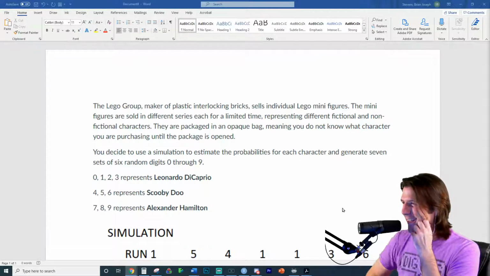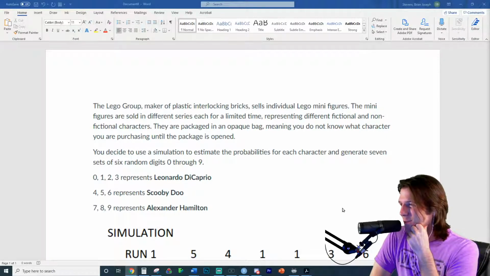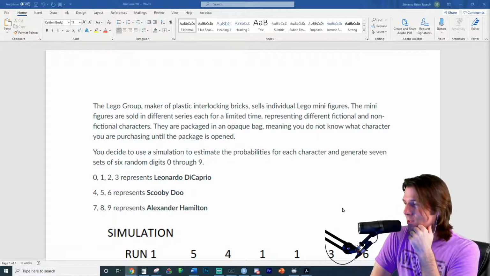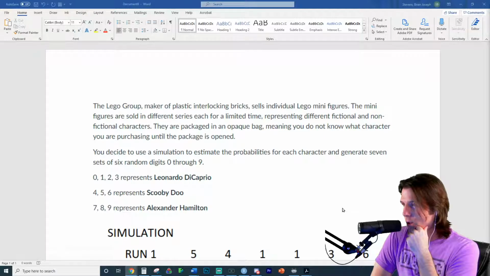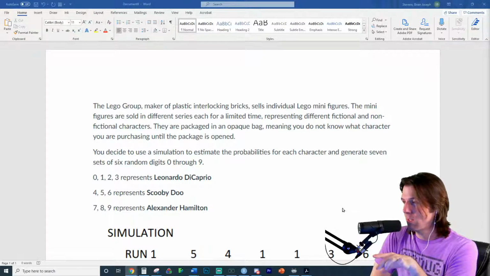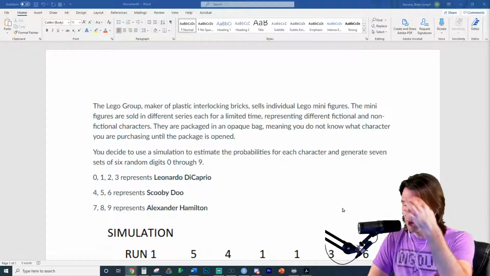They are packaged in an opaque bag, meaning you can't see through it, so you do not know which character you're purchasing when it's open. Use a simulation to estimate the probabilities for each character and generate 7 sets of 6 random digits, 0 through 9. So there's a 40% probability of Leonardo DiCaprio.